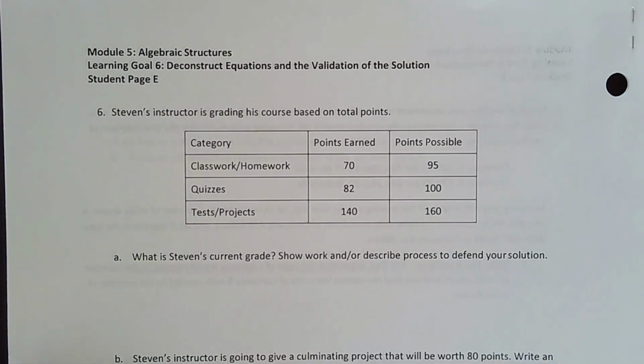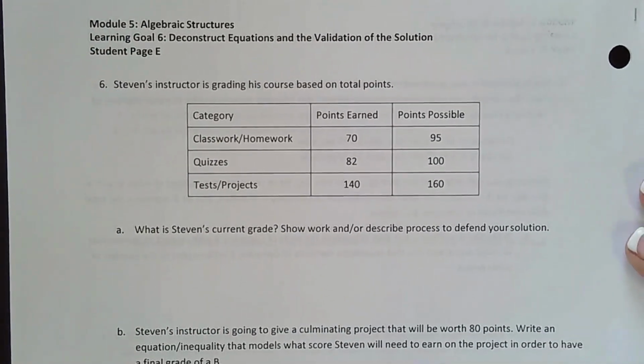Stephen's instructor is grading his course based on total points. Not too many people do that anymore. Mostly teachers do weighted averages now, like the test costs 50%, the homework is worth 20%, the quizzes are worth 10%, but this is just points, so no weighting at all, so we don't have to worry about that.